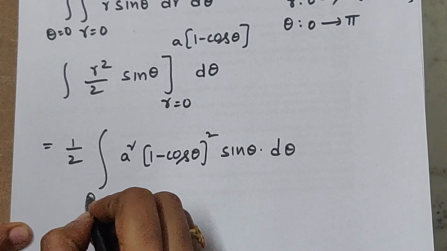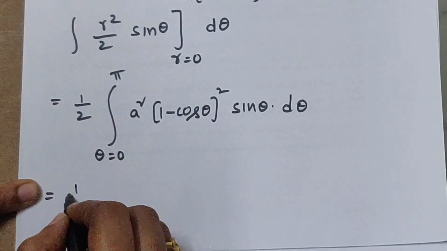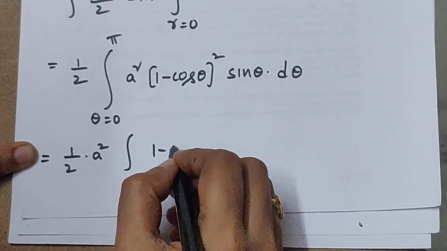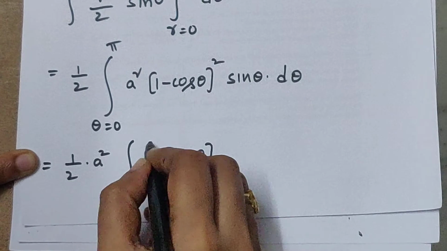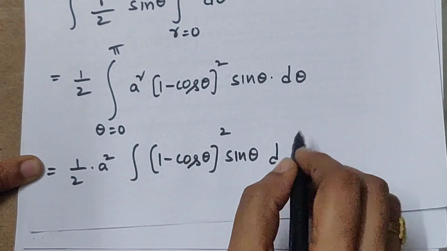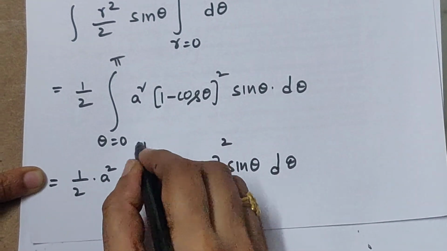Here theta limits are 0 to pi. It is equal to half into a square integral of 1 minus cos theta whole square sin theta d theta, theta limits 0 to pi.